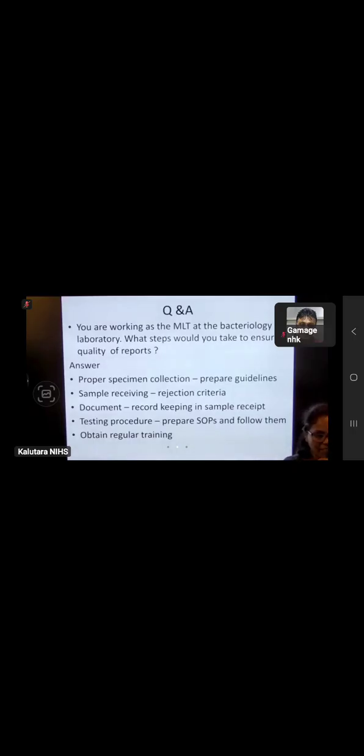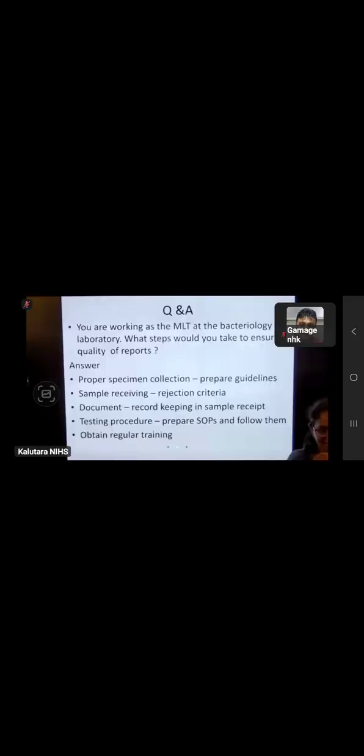Then you can elaborate your answers, right? Because you all have very vast experience in the laboratory. Think about the pre-analytical phase: what actions can you take to ensure the quality of your result?